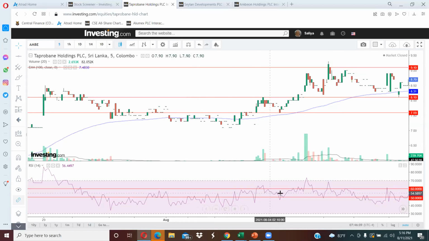So here we are giving a lot of time for this trend to build up, right? At this point, we are giving some more room for it to go up and throw back. So that is what happened here.